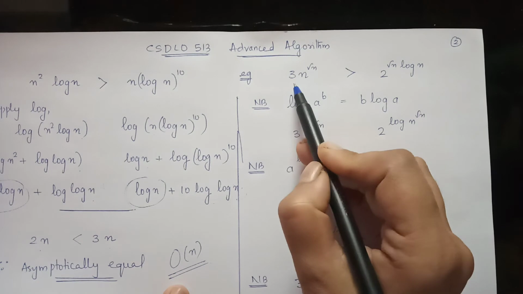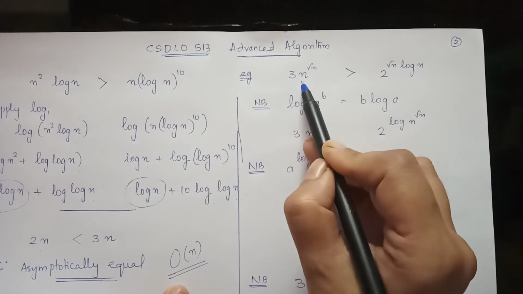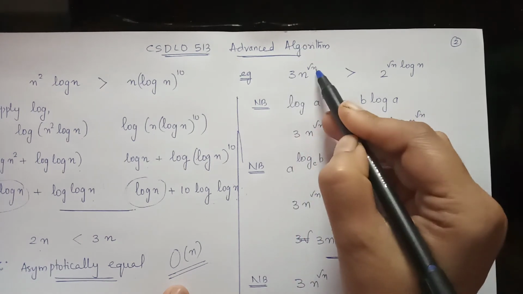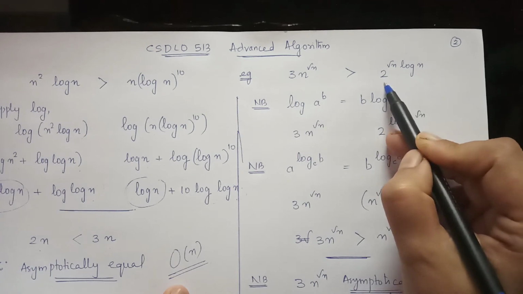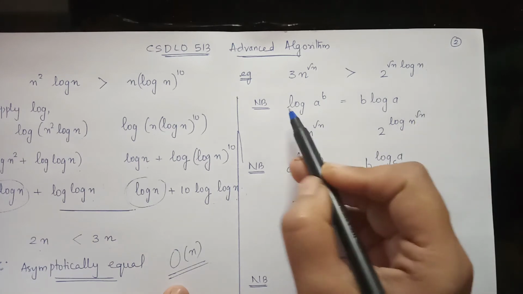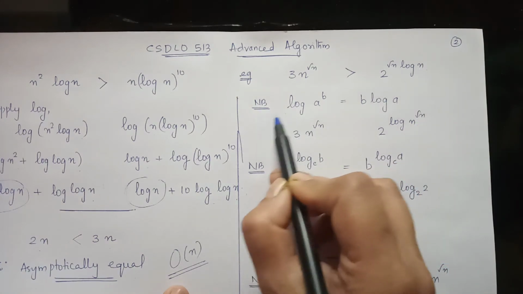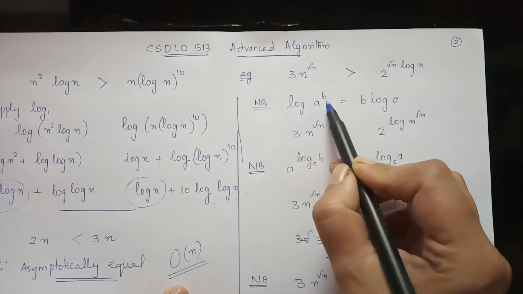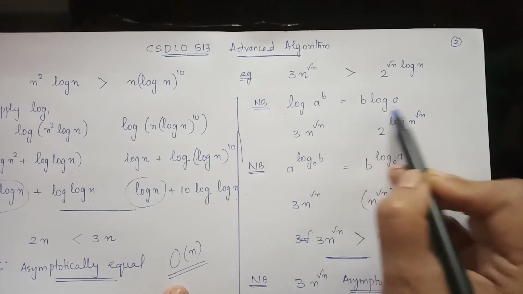Now coming to the next example. Here the first function is 3 n raised to root n, and the next one is 2 raised to root n log n. Here we are going to consider the formula of logarithmic functions, that is log a raised to b can be written as b log a.